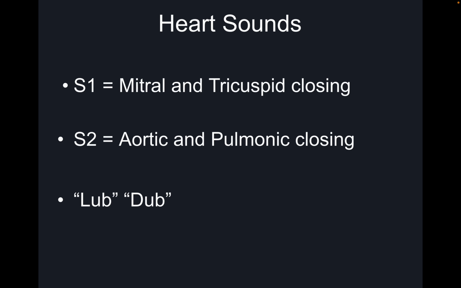S1 is the sound that corresponds to the mitral and tricuspid valves closing, while S2 is created by the turbulent flow of the aortic and pulmonic valves closing, and we can hear this as the lub-dub, lub-dub.